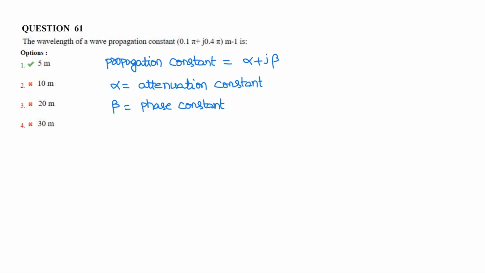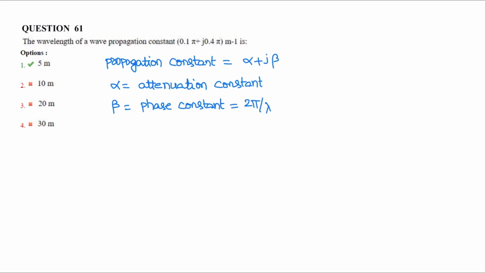Next question. The wave propagation constant is 0.1 pi plus j 0.4 pi meter inverse. So propagation constant is given as alpha plus j beta, where alpha is the attenuation constant, beta is the phase constant, which is given as 2 pi by lambda.